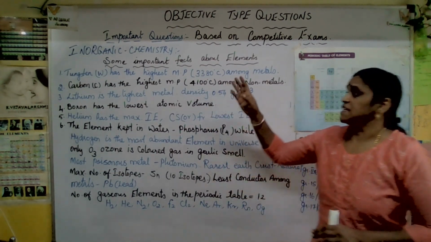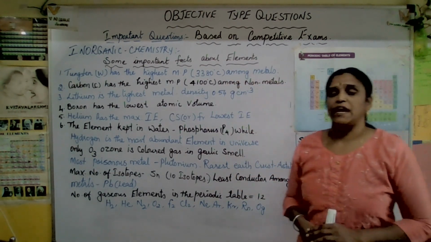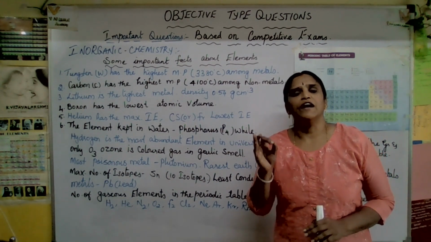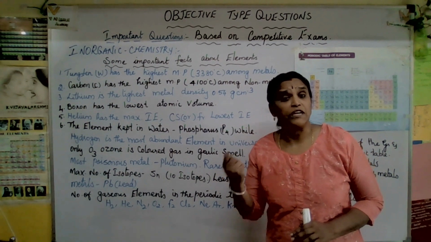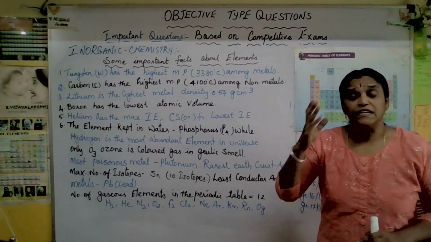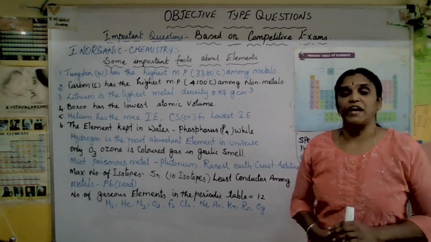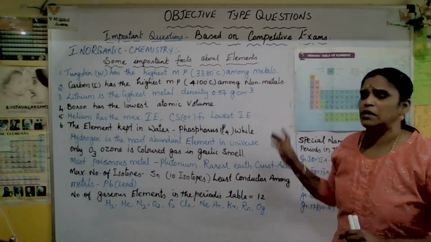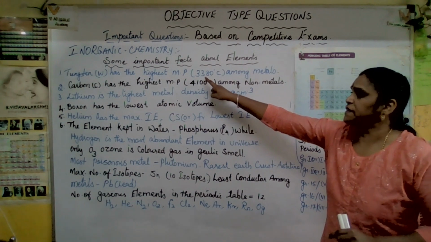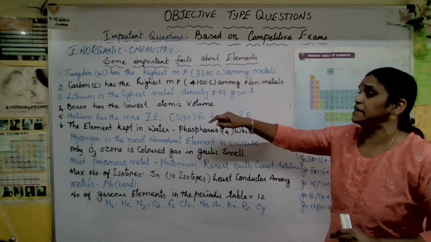Now we are going to see some important facts about elements. Information is knowledge. Actually, information nowadays is power, and that is mainly important in inorganic chemistry. Okay, now the first one: tungsten has the highest melting point among metals. How much is it? 3380 degrees Celsius.